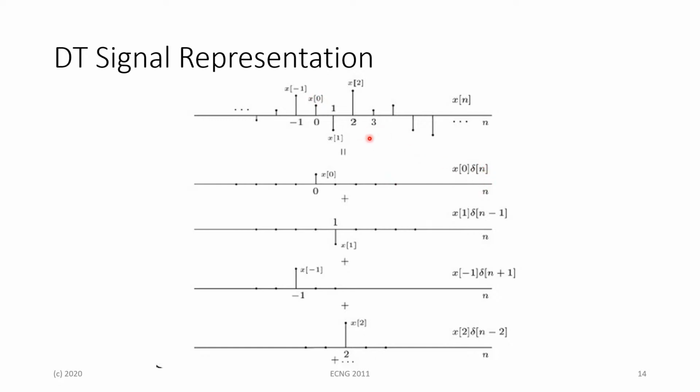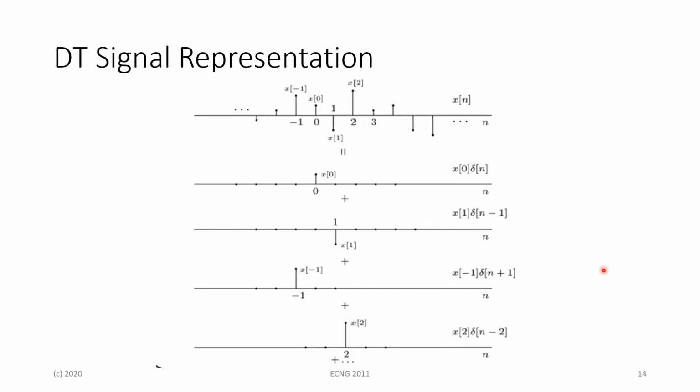But if we wanted our x of 1 value here, that means, yes, we can just do x of 1, but in order to obtain the actual representation of it, we would have to shift our discretized time impulse in order to match the same instance at which it occurred. So in this case, we say delta of n minus 1 multiplied by x of 1. Similarly, if we went to the left-hand side, because it's x of minus 1, that means we have to multiply it by delta of n plus 1. And so forth, as you keep on going for when you're extracting out values from a discretized time signal.